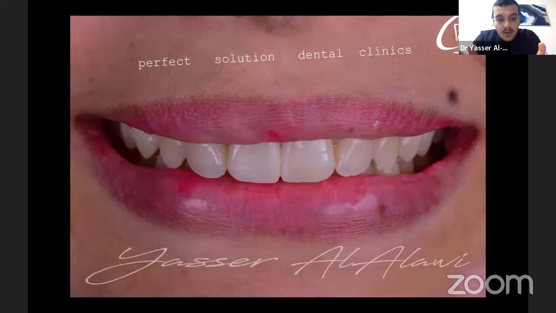So as advice from today, when a patient comes to your clinic for a smile makeover or a full mouth rehabilitation, first of all, take photos of the patient, make a 2D smile design, make a 3D smile design, and show the patient the photos of the 2D and the mock-up of the 3D design, in the same visit or in another visit.